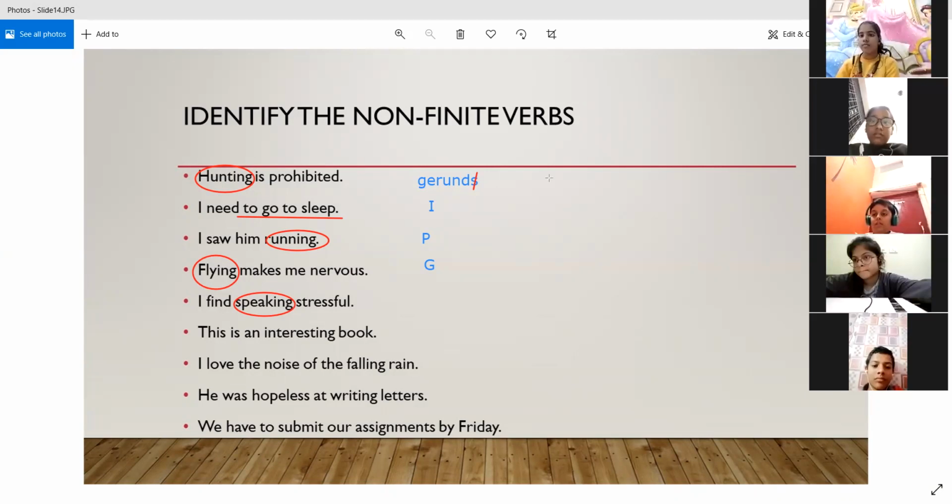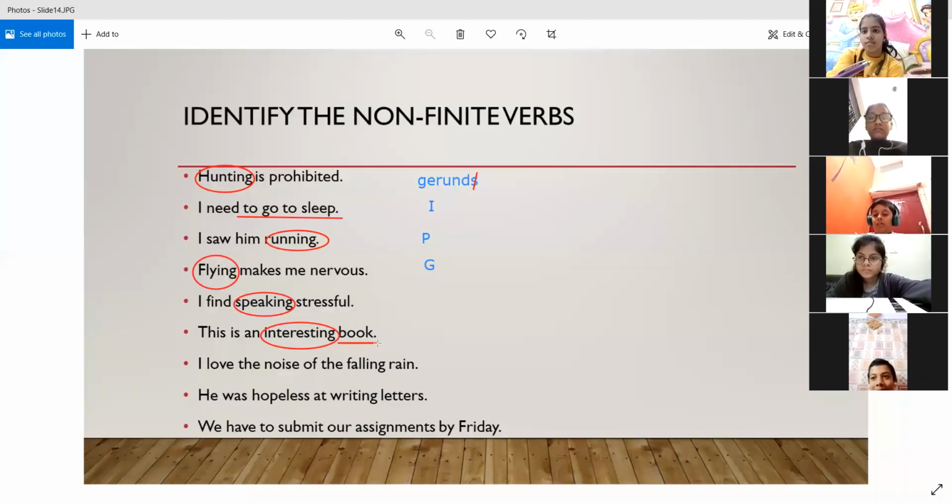All right. Yes, Shubhanshi. Sir, it will be interesting, and sir, it will be a gerund. Are you sure? Interesting is a gerund? No, sir, it will be present participle. Yes, because it is acting as an adjective. It is describing what type of book it is.